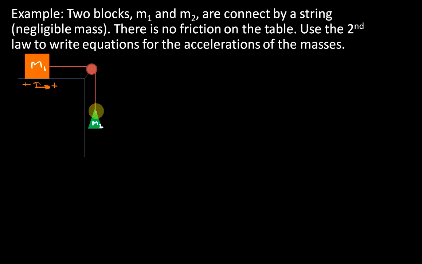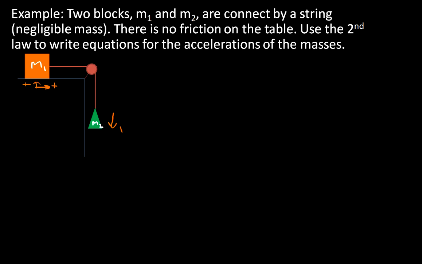Now let's look at the green block. There's no friction, so when the orange block starts moving to the right, the green triangle is going to start moving down. You could say down is negative, which is what we usually do, but I'm actually going to say that down is positive. Downward is the positive direction.